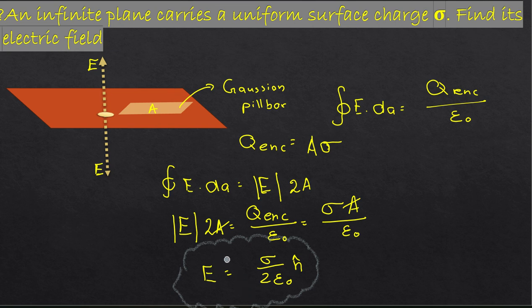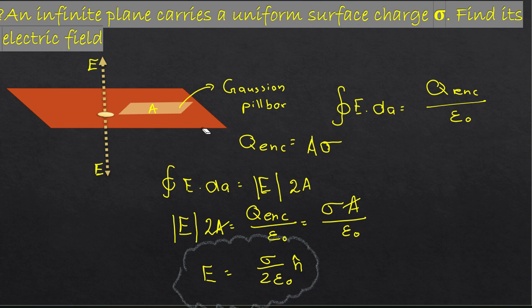Looking into this equation, we know that there is no 1 by r square or 1 by r term in it, because no matter how far we go from the surface, there will be no decrease in the electric field due to this plane carrying charge. The further we move away from the plane, the more and more charges come into our field of view.